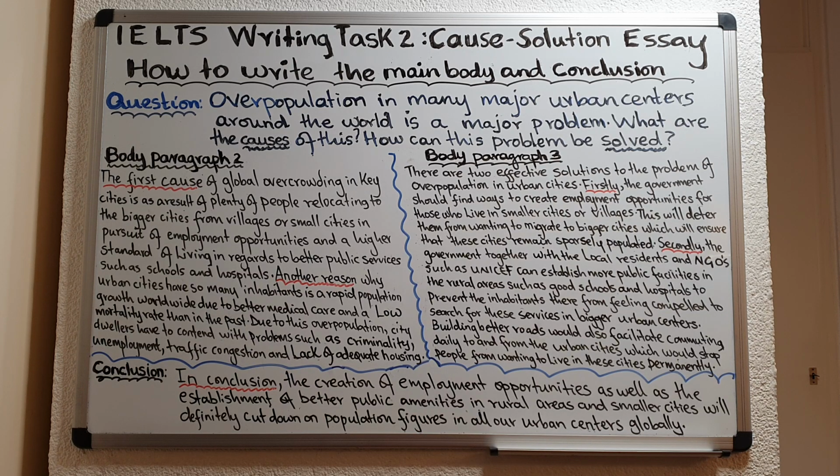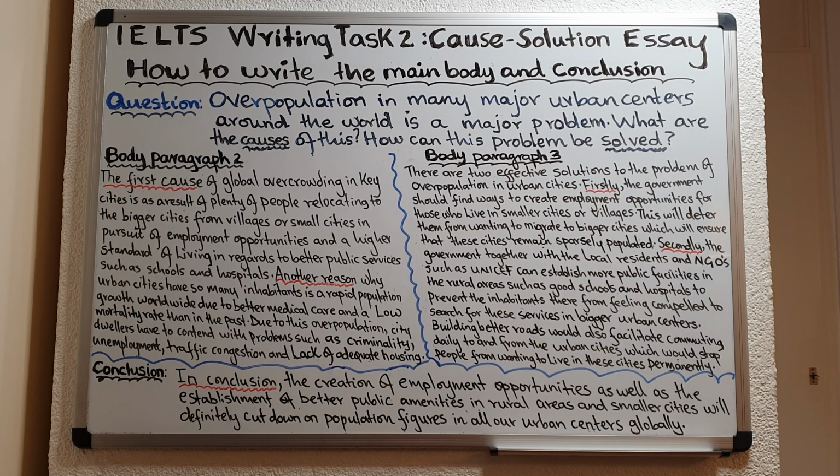And then the second sentence is, this will deter them from wanting to migrate to bigger cities, which will ensure that these cities remain sparsely populated. Now, both of them are compound sentences. I have simply used the linking word which.